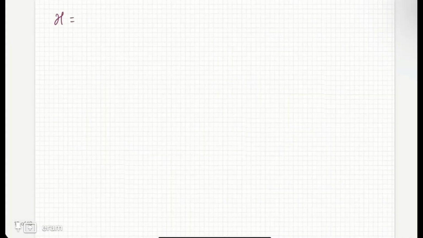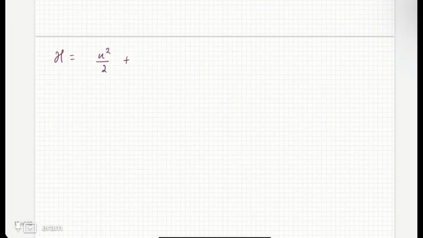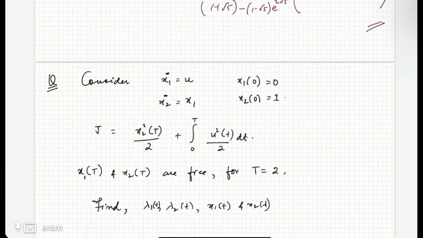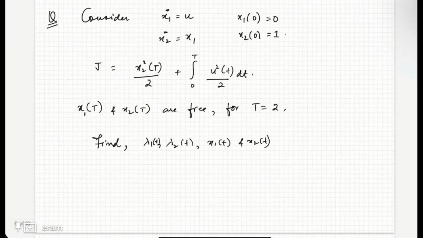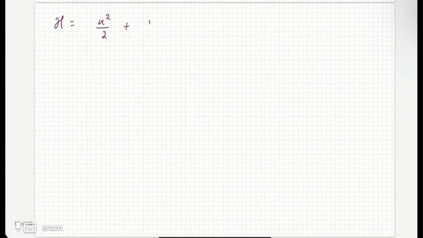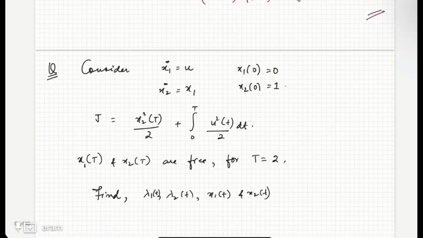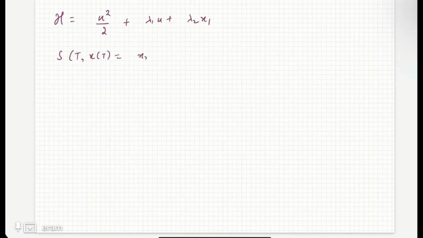Since the cost function is just u squared by 2, it is u squared by 2, and since it's a second order system, we will have two Lagrange multipliers, so lambda 1 u plus lambda 2 x1, and the terminal cost that is given to us is x2 squared at T divided by 2.